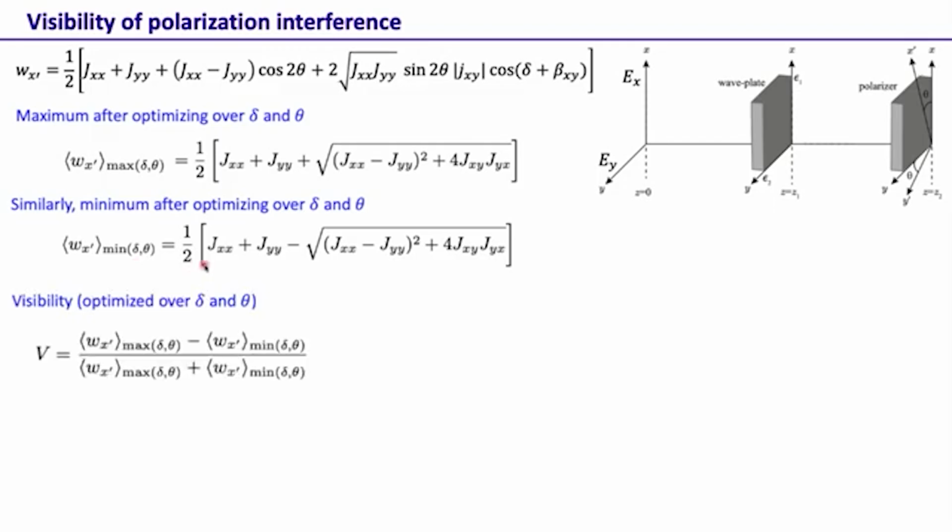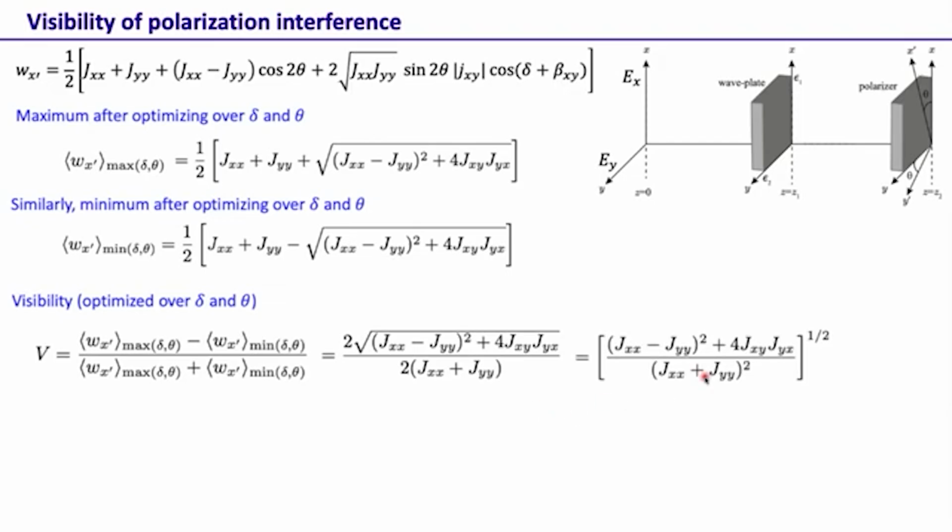Okay, so the visibility, optimized over δ and θ, is Wx prime maximum minus Wx prime minimum, over Wx prime maximum plus Wx prime minimum, and this quantity comes out to be twice the square root of (Jxx minus Jyy) squared plus 4 Jxy Jyx, divided by 2 times (Jxx plus Jyy).